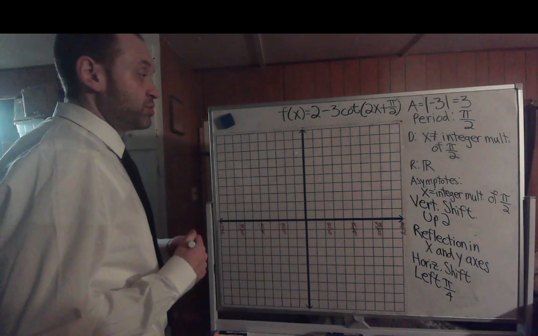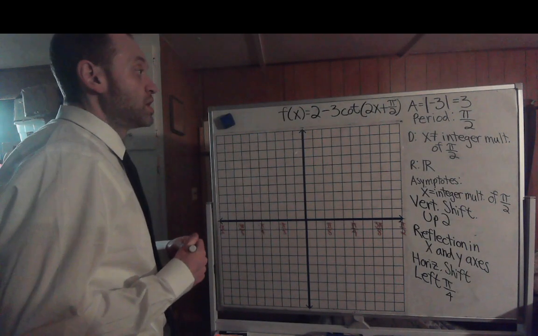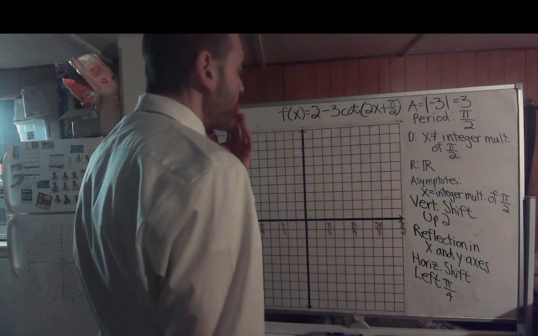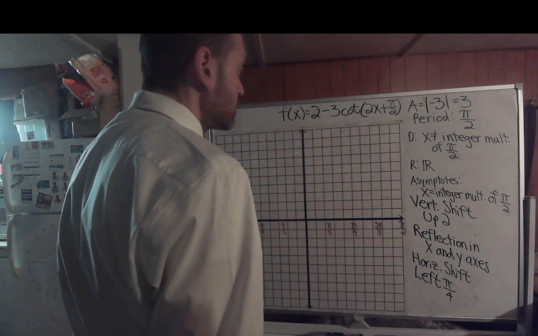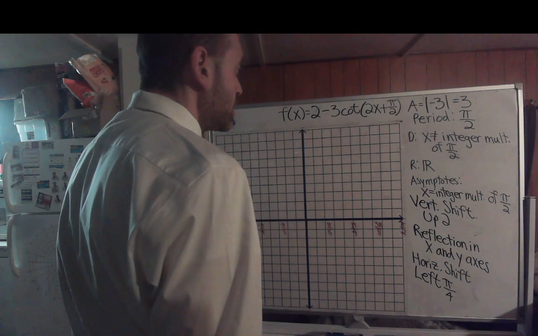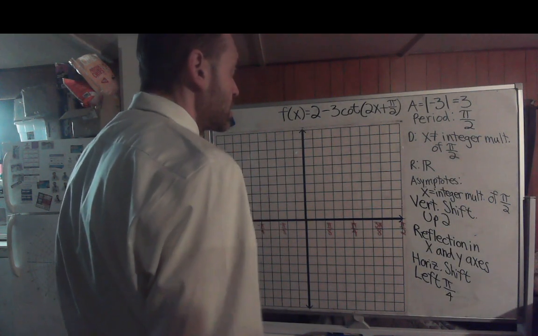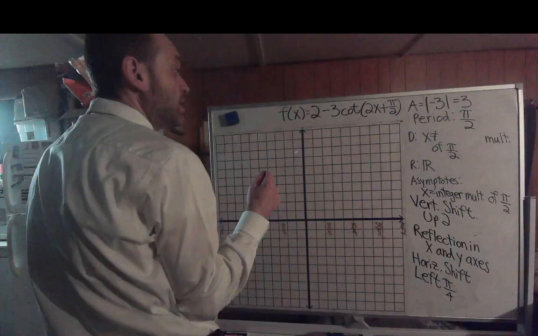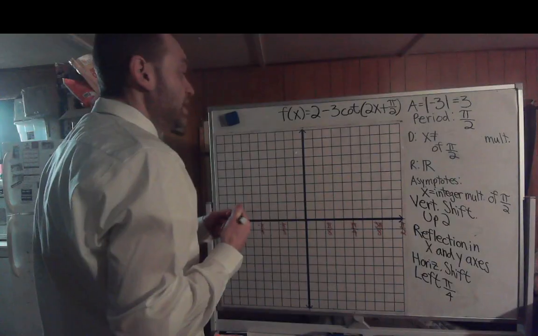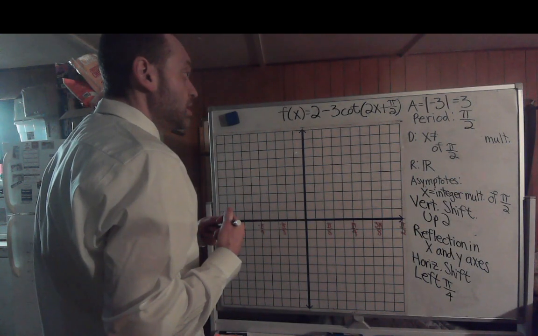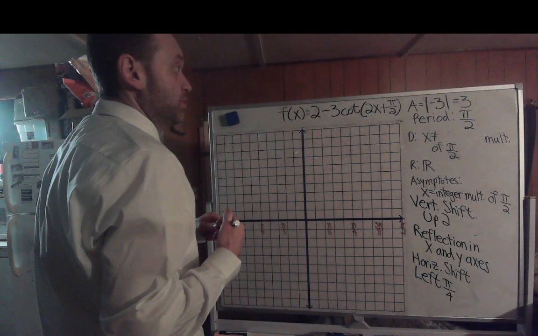So integer multiples of pi over 2, actually, I need to correct that again, because it should really be odd multiples of pi over 2.